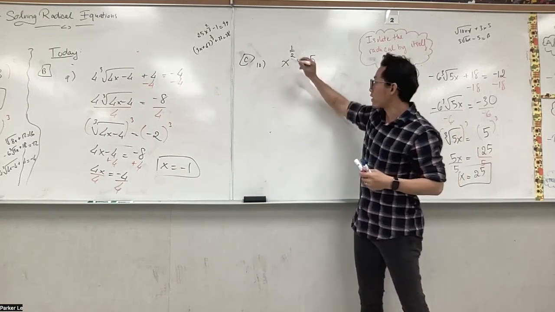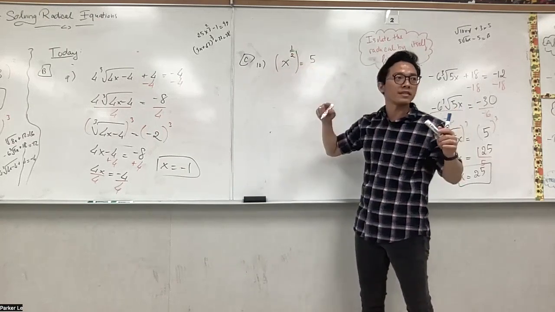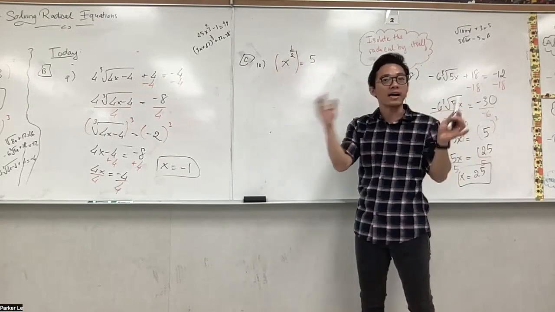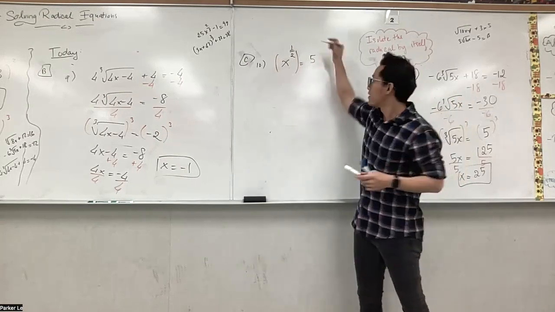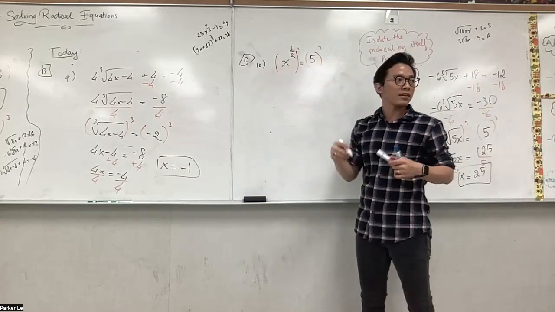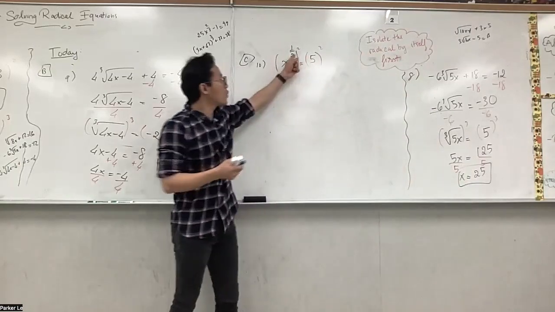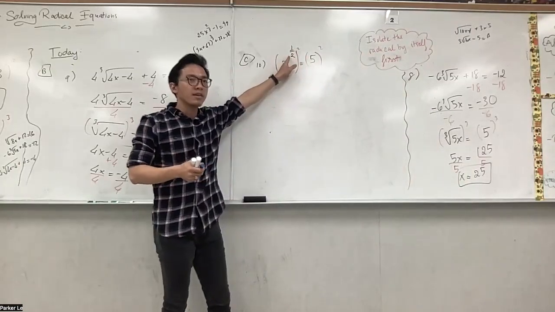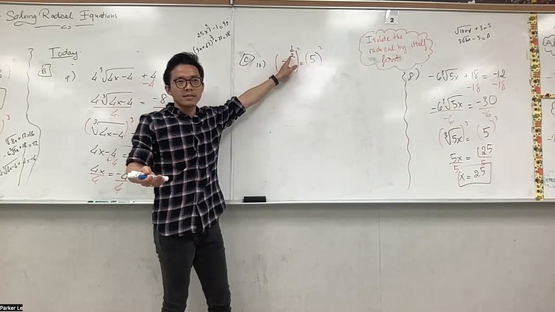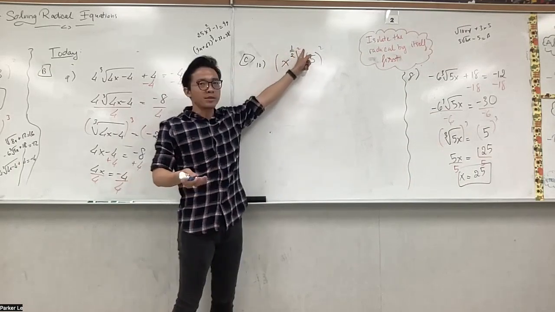Right, that's the right concept, but not really multiply, you power. You power both sides by 2, because 2 and 1/2 are going to cancel out. So you ask yourself, what number multiplied by this power gives you 1? 2.